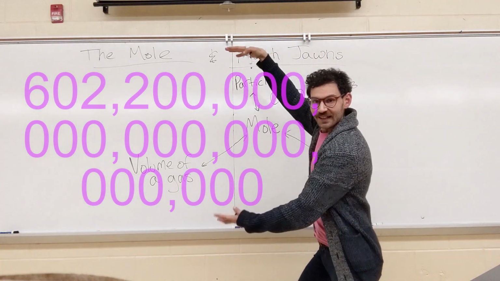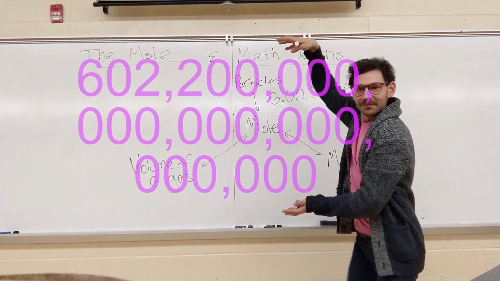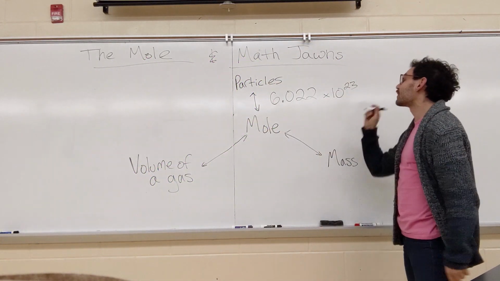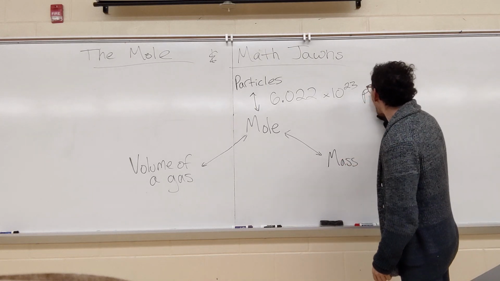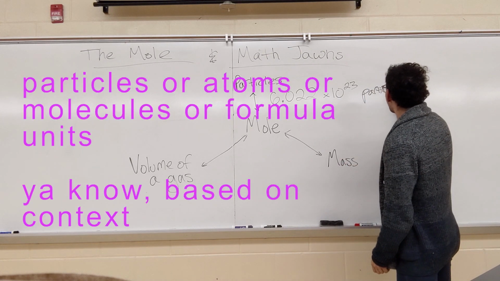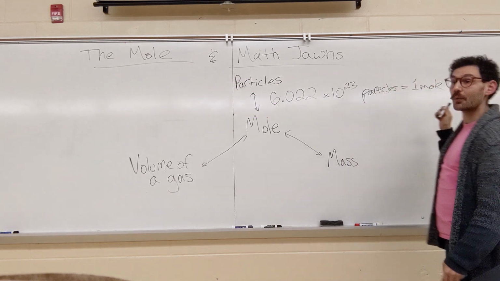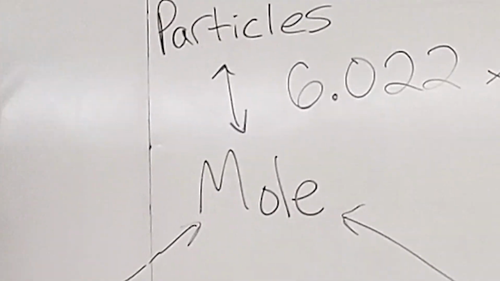I want to grab it and put it down here for later. Avogadro's number we can use to convert because there are this many particles in 1 mole. That is the conversion factor that we can use to convert between particles and the mole.